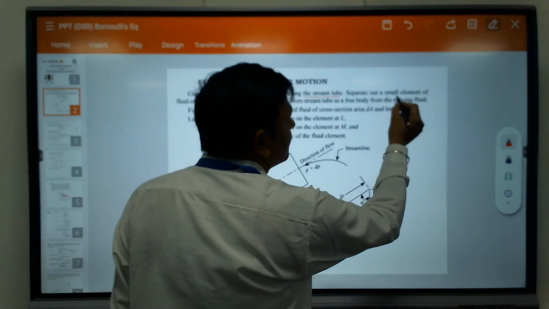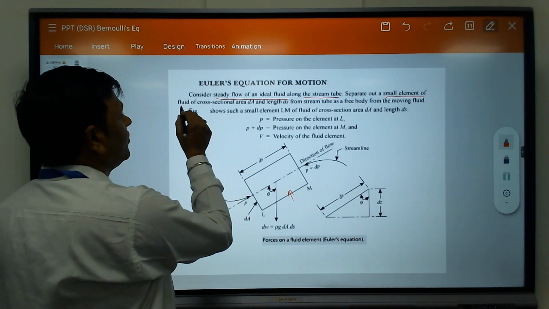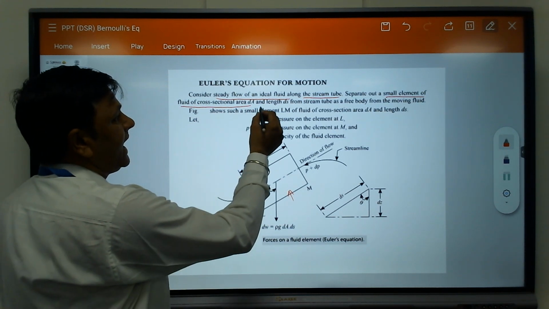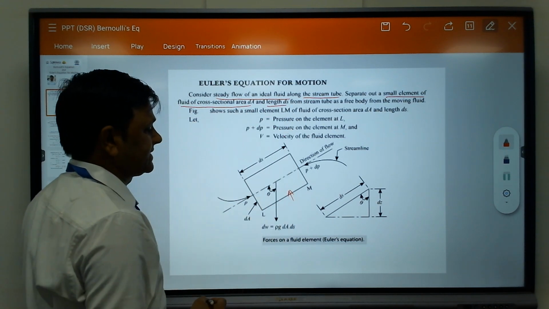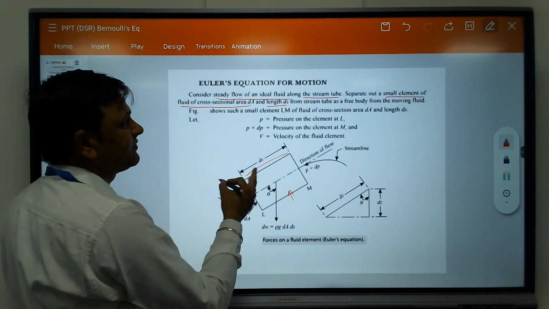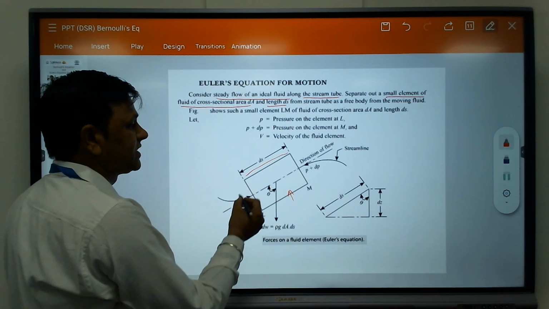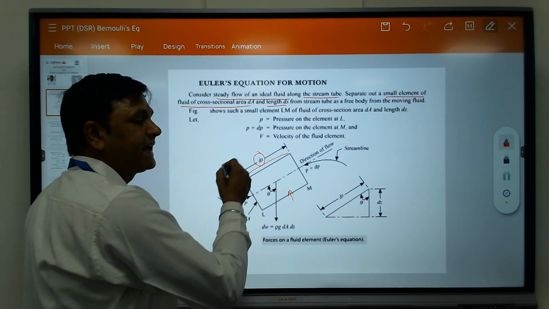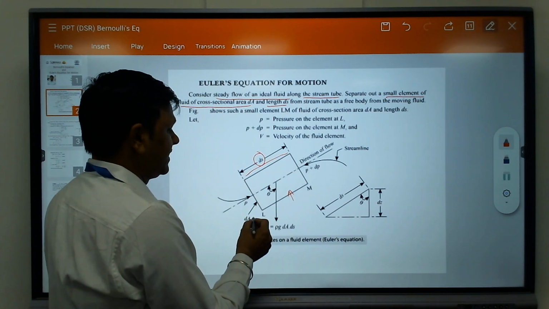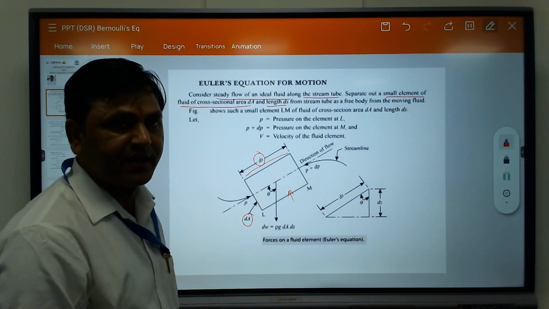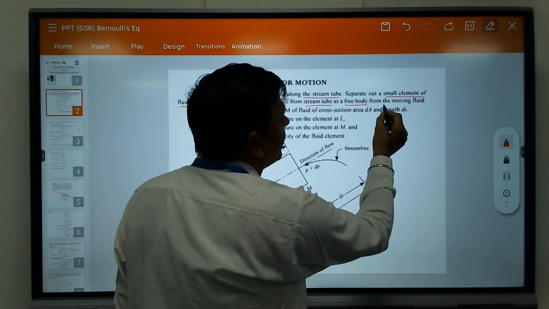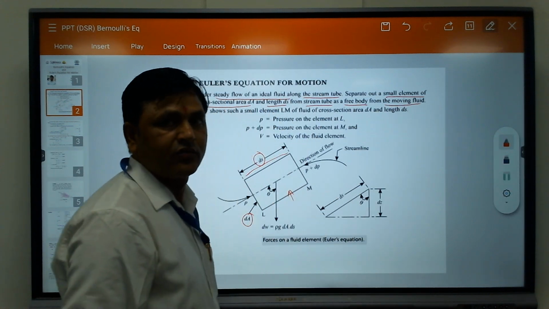Separate out a small element of fluid of cross-sectional area dA and length ds, from the stream tube as a free body from the moving fluid.